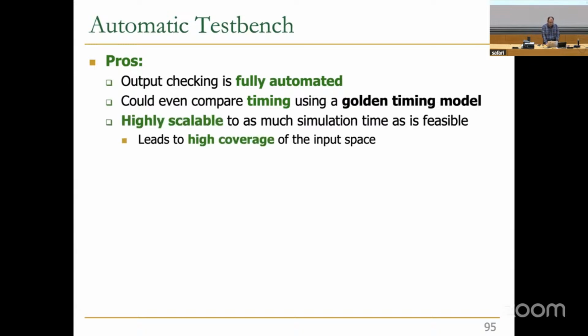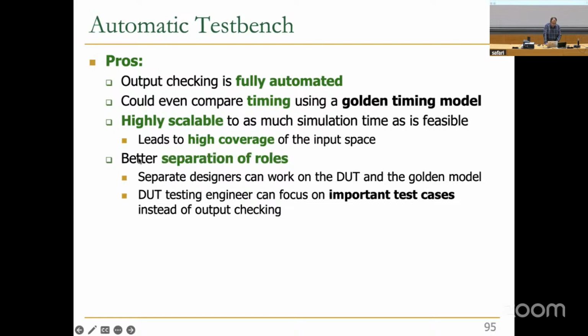It's also highly scalable to as much simulation time as is feasible. Scalability is important because we want high coverage in our test. Coverage means how many test vectors you could input and how much you can check the outputs. In the end, if you have high coverage, then you are fairly confident that your design is working correctly.